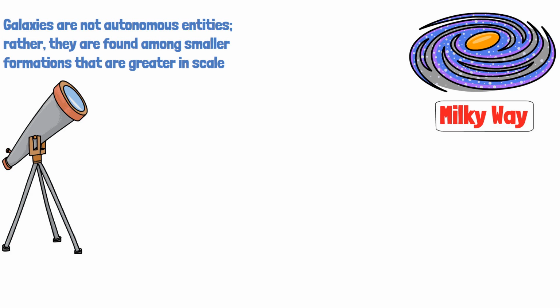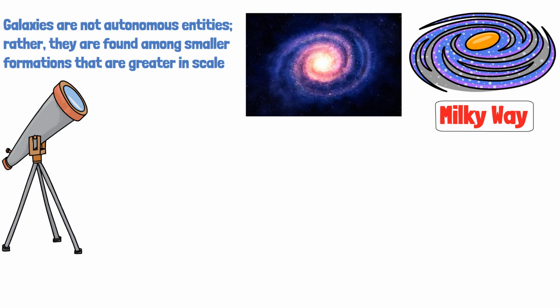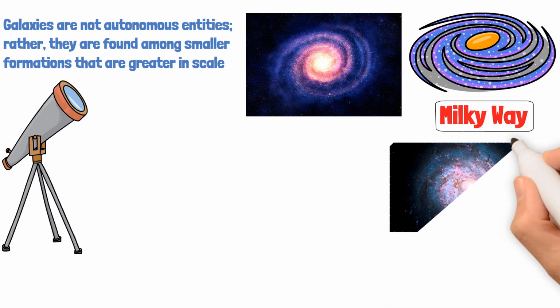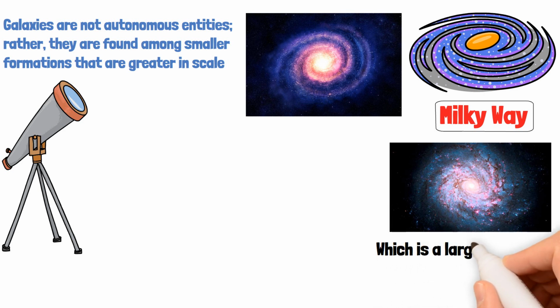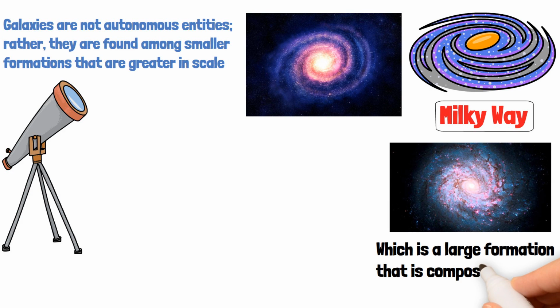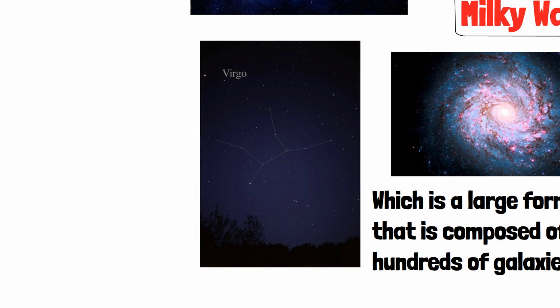This collection comprises 100 distinct galaxies that can be found in various parts of the cosmos. This cluster is a component of the Virgo supercluster, which is a large formation that is composed of hundreds of galaxies. The name of this formation comes from the constellation Virgo.